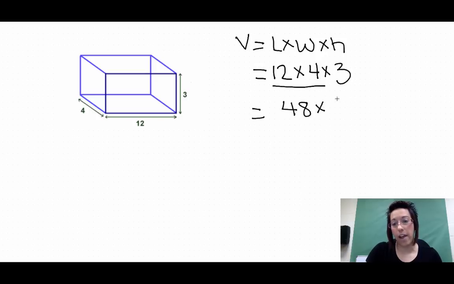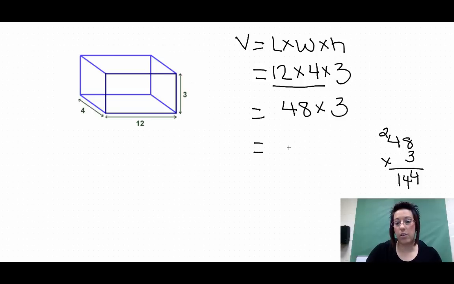Copy down the rest. 48 times 3, 8 times 3 is 24. 4 times 3 is 12, plus 2 is 14. So this equals 144. We do not know what units this shape is measured in, so I'm going to say units cubed.